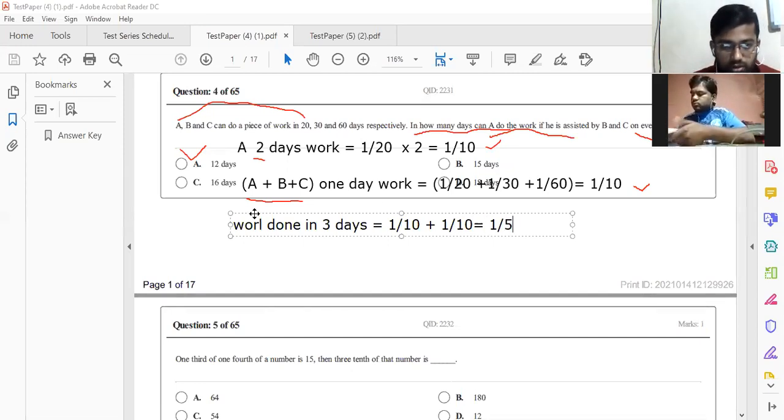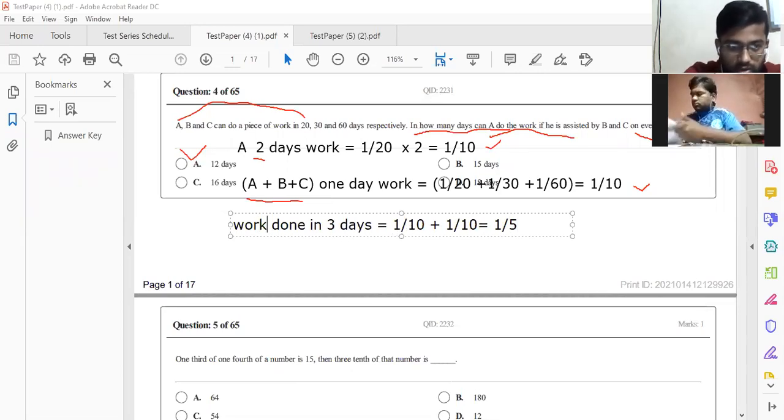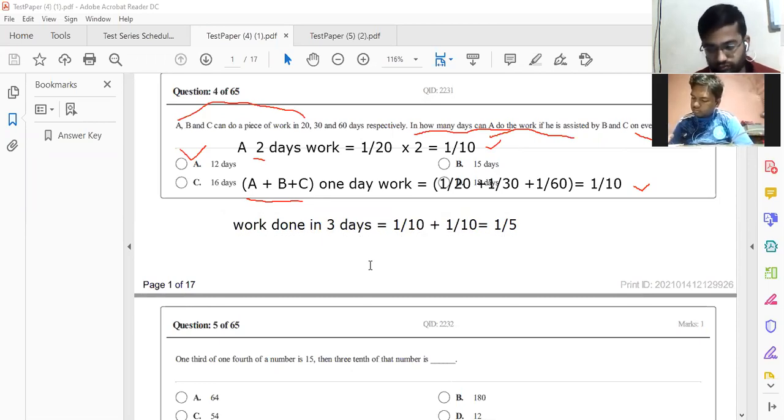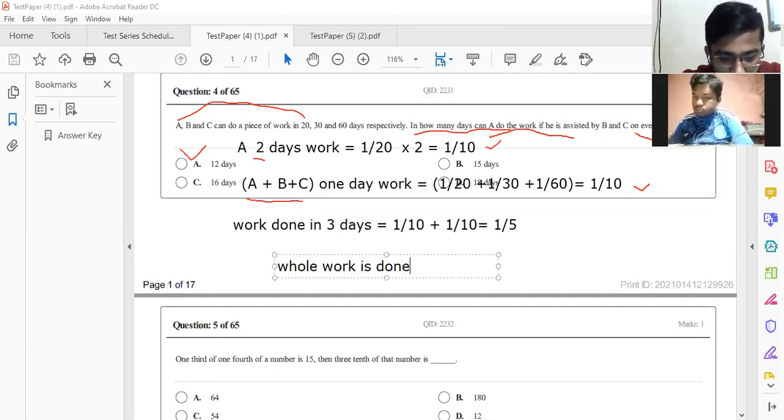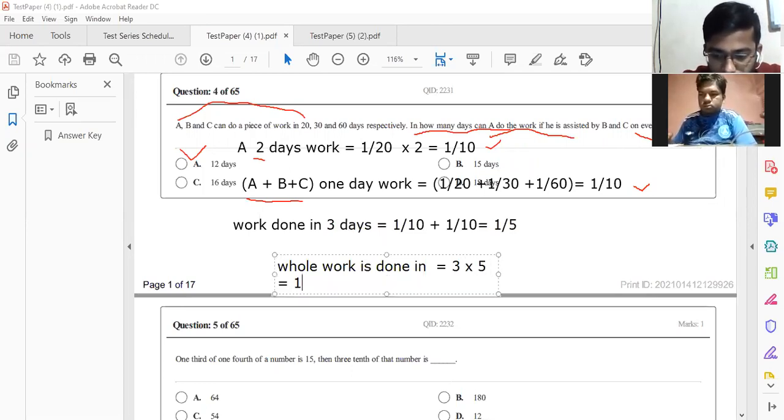Now this is the work done in 3 days. So actually you are getting 1 by 5 work done in 3 days. Okay. Clear? So the whole work is done in 3 multiplied by 5 days, equal to 15 days.